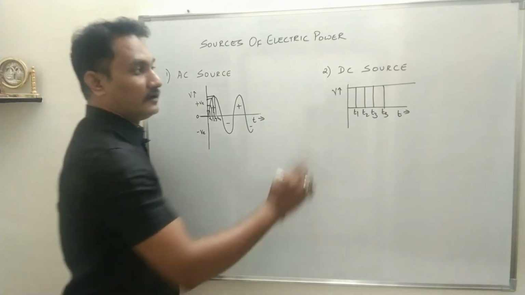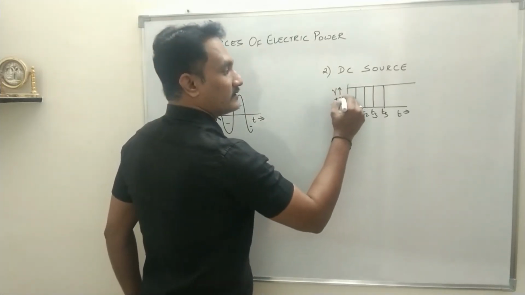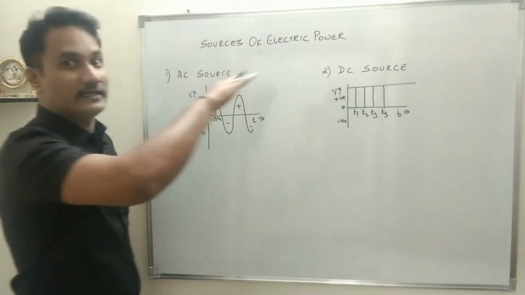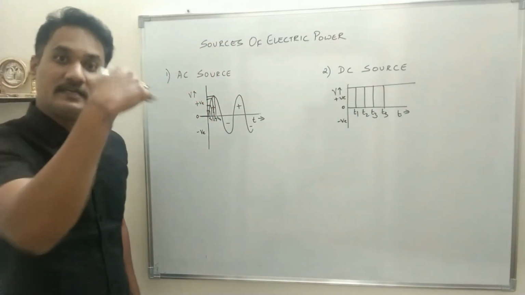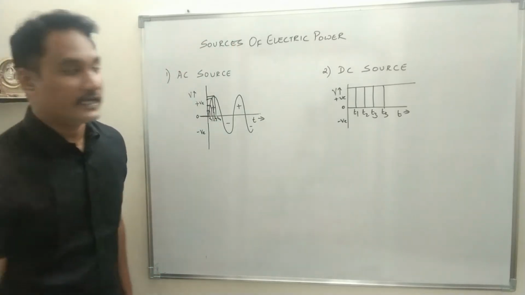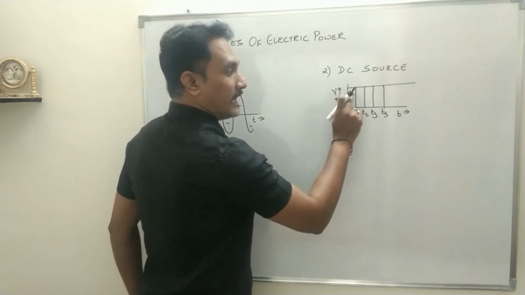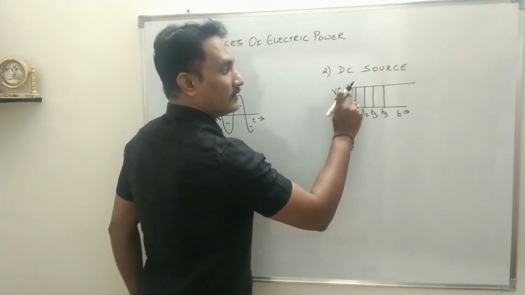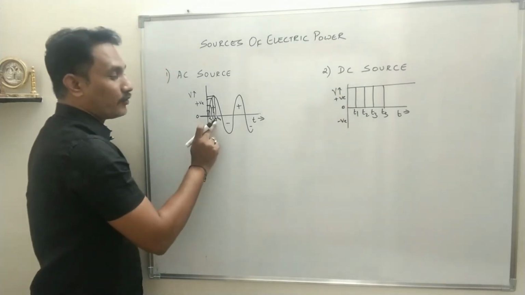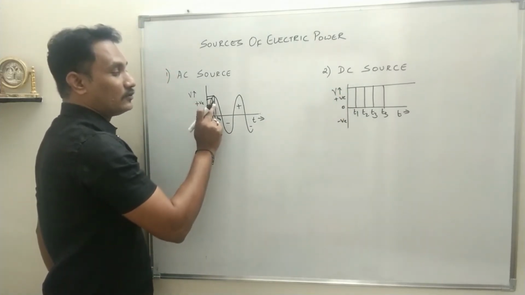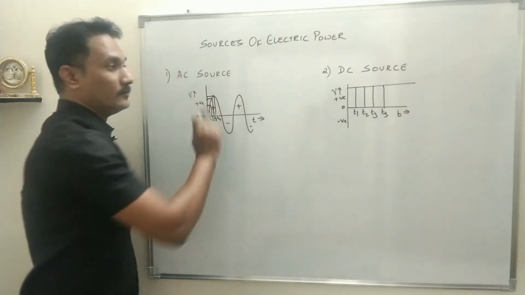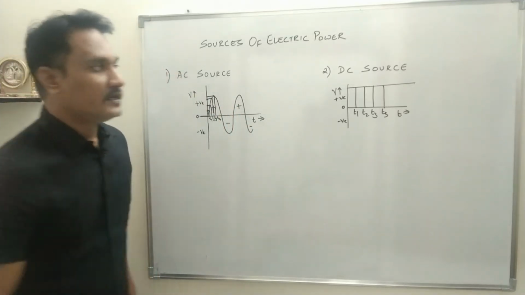Also, what happens to the polarity? This is positive, this is the zero reference, this is negative. The polarity remains constant. Either it will be in the positive direction or in the negative direction. So the polarity as well as the amplitude remains constant over the period of time for a DC source. If the polarity as well as the amplitude, or you can say magnitude, changes with respect to time, that will be your AC source.